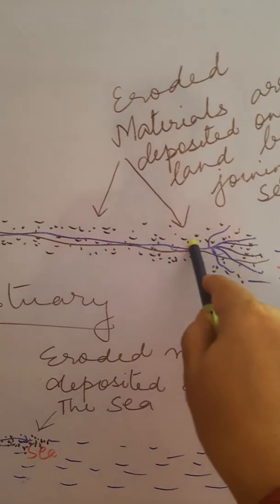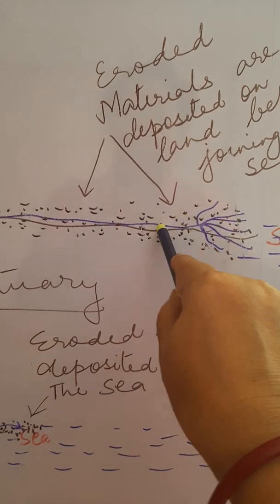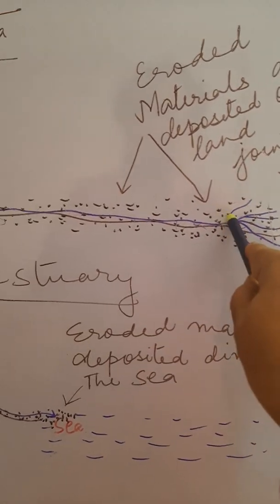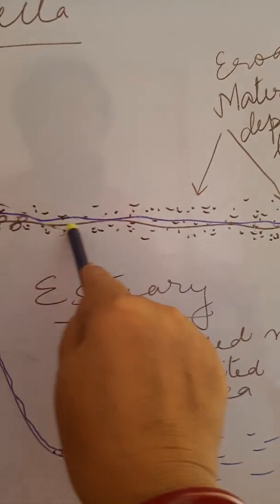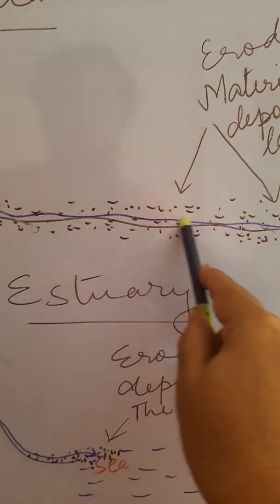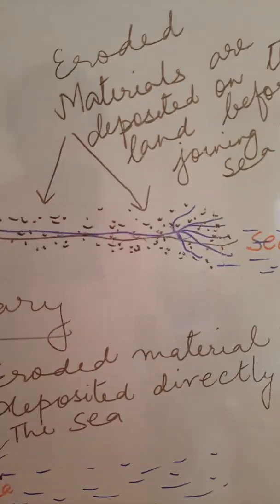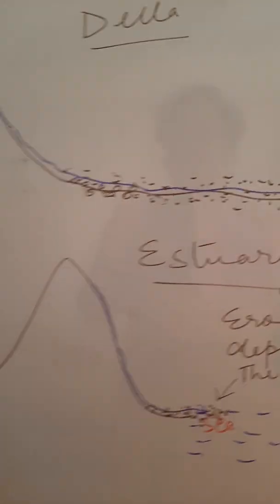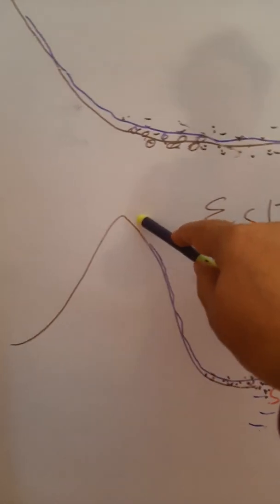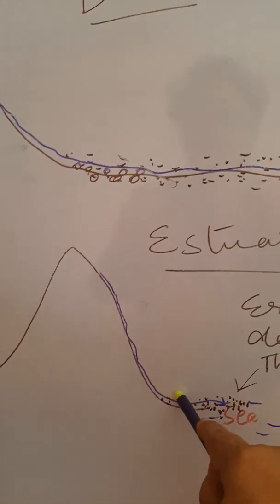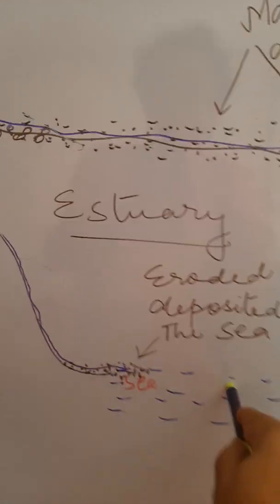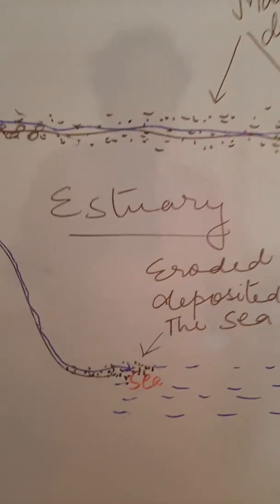It is a V-shaped structure, and the materials are dumped on the land. The water reaches the sea. In case of estuary, children, the river comes down the mountain and it has to join the sea because there is no other option.